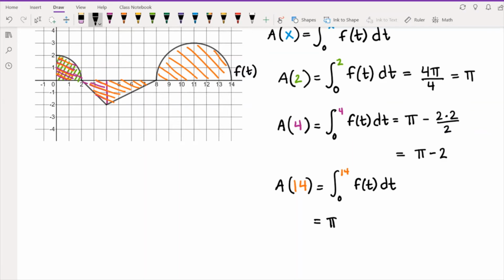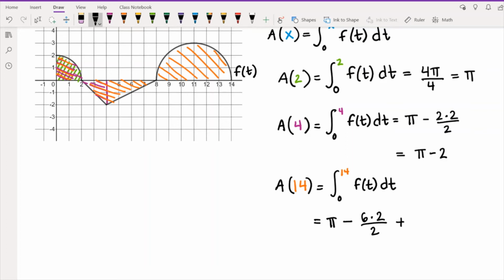Then for this triangle, well, we could add the purple triangle that we already drew to this other triangle, but we might as well just do the whole thing at once. So the base of this orange triangle would be 6, right? 1, 2, 3, 4, 5, 6. And then the height is 2. So we would have base times height over 2, so 6 times 2 over 2, and we're subtracting it because it lies below the t-axis. And then we're going to add this last area, this semicircle.